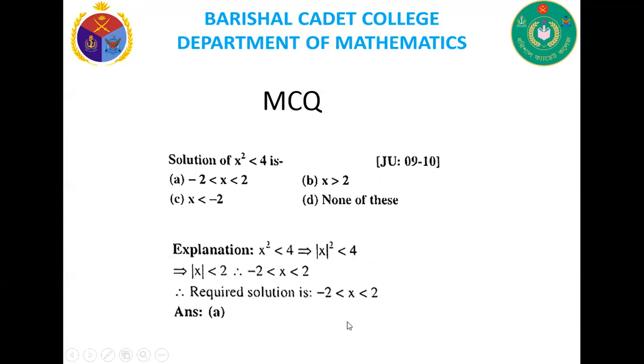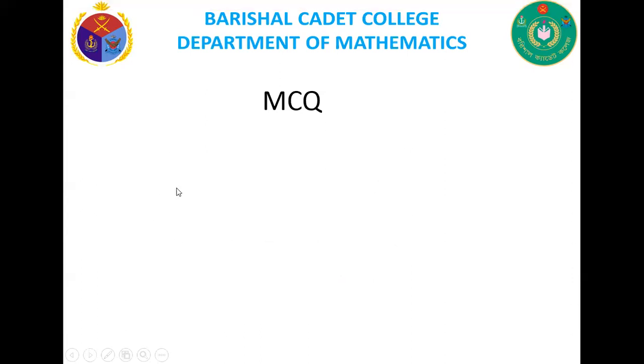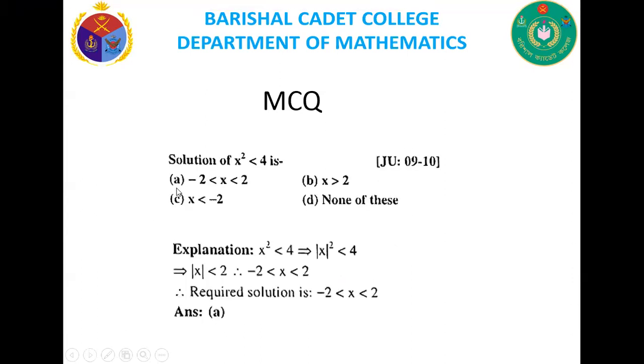So the required solution is −2 < x < 2. So which one will be our answer? This one, number A. So we will mark this one as our answer.